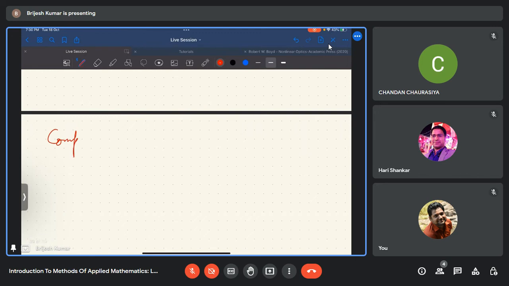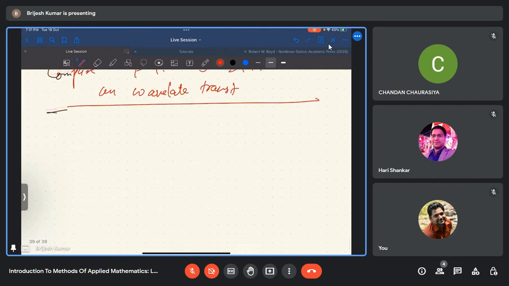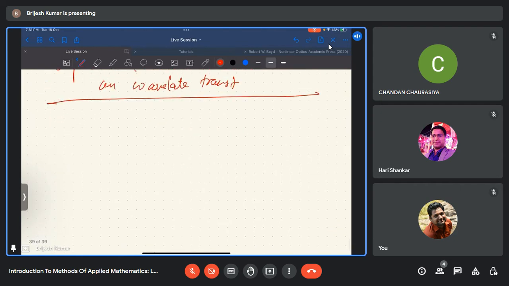If we come here, the Fourier transform, the short time Fourier transform, and the wavelet transform. Notice the forward transforms.